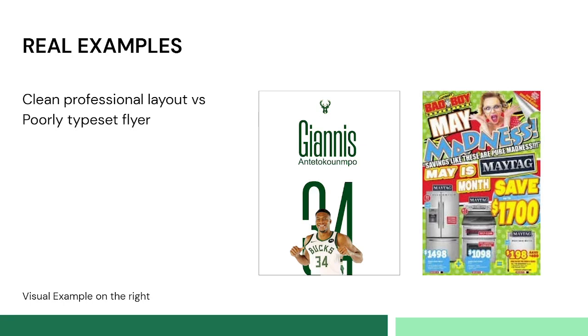So in essence, like I said earlier, typography helps to convey trust and clarity in design. The name of the athlete is here and the number of his shirt is in the background with a playful use of type at the back.